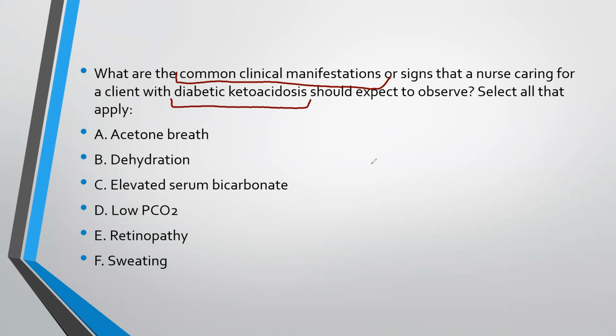The condition given is diabetic ketoacidosis, and the RN has to observe the common signs and symptoms of it. The options given: acetone breath, dehydration, elevated sodium bicarbonate, low partial carbon dioxide, retinopathy, and sweating. Firstly, we will discuss diabetic ketoacidosis.